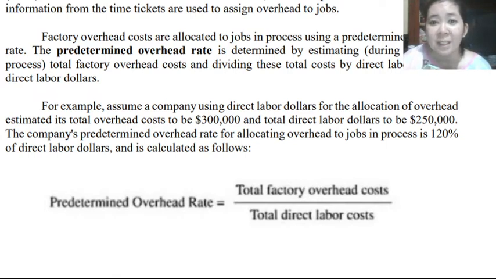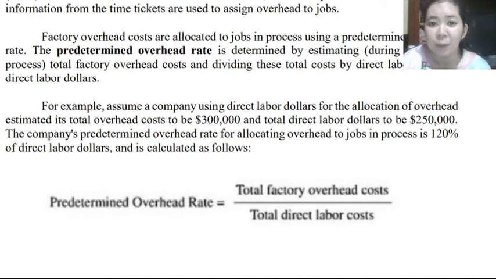It was estimated that their total overhead cost is 300,000, and the total direct labor in dollars is 250,000. So here, to determine the company's overhead rate for the purpose of allocating our overhead to jobs in process, this is equal to 120% of our direct labor dollars.